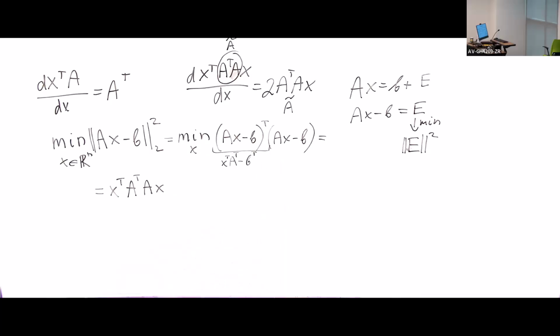So I'm multiplying that thing by that thing. It's x transpose A transpose times Ax, okay? Minus b transpose times Ax. This is this one by this one. Now I have this one by this one, so it will be minus x transpose A transpose b.